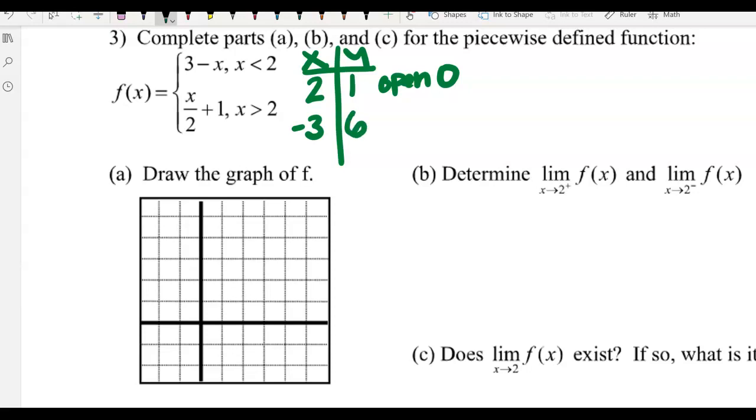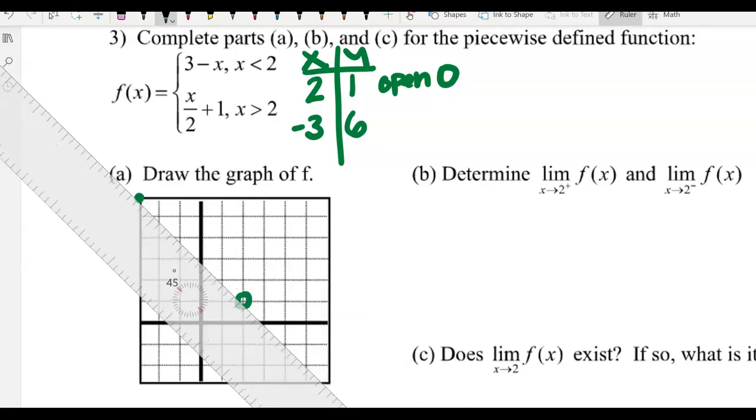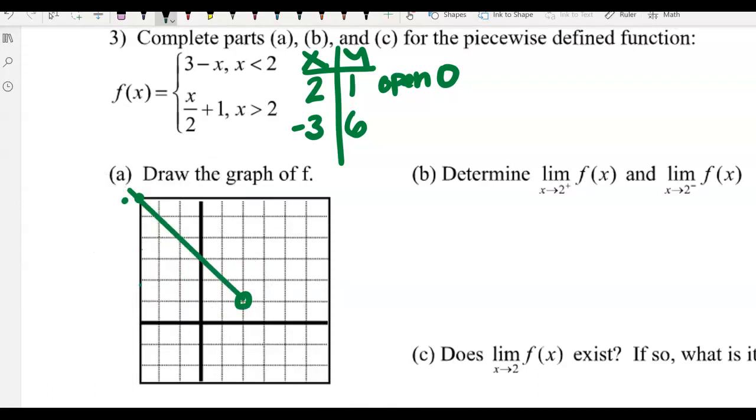Good. So we have 2 dots. Open circle at (2, 1). And then (-3, 2), (4, 6). So it goes here. Arrows on the ends. Okay. So that's my first piece, second piece.